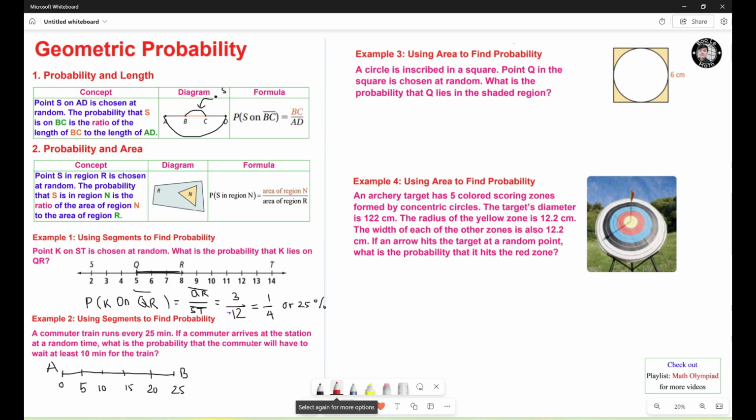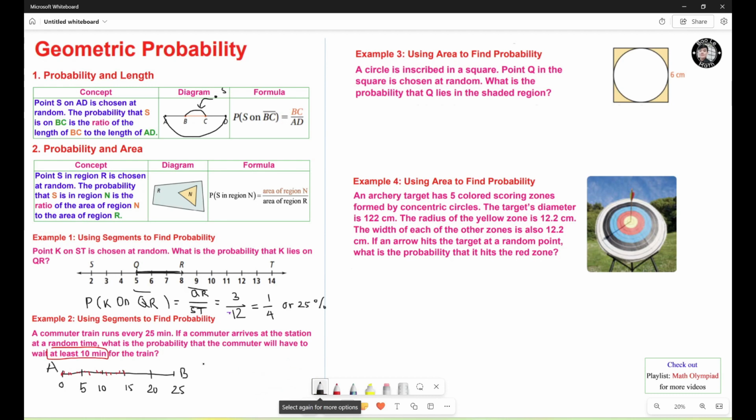If a commuter arrives at the station at a random time, what is the probability that the commuter will have to wait at least 10 minutes? If the commuter has to wait at least 10 minutes, which means the commuter will arrive at the station between 0 and 15 minutes, somewhere right here.